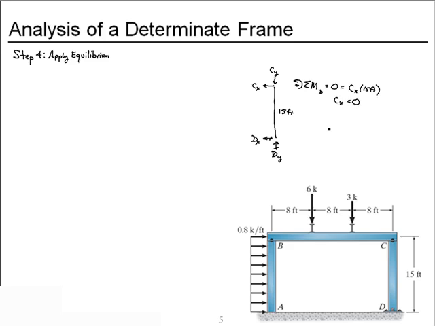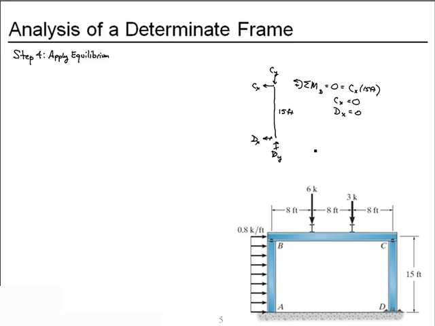Now we should have recognized that. There are no forces applied between C and D. The member is pinned at both ends. It's a two-force member, which means that the only internal force acts along the path of CD. So Cx and Dx have to be 0.